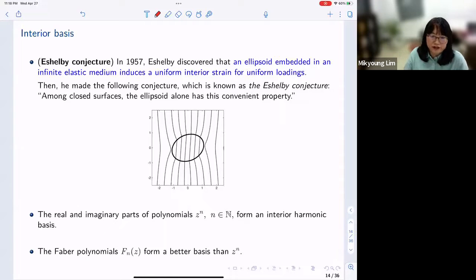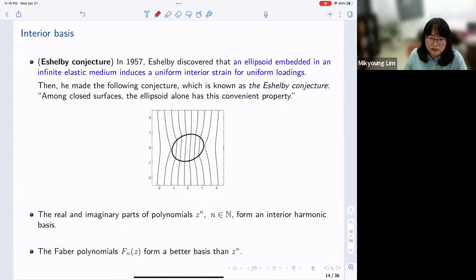If you see the figure, for omega an ellipse, when the applied capital H is a first order polynomial, then the solution U is a perturbed function. Inside the ellipse, it is a first order polynomial. So even though the exterior function has decaying solutions as well, inside omega we just need a polynomial function.